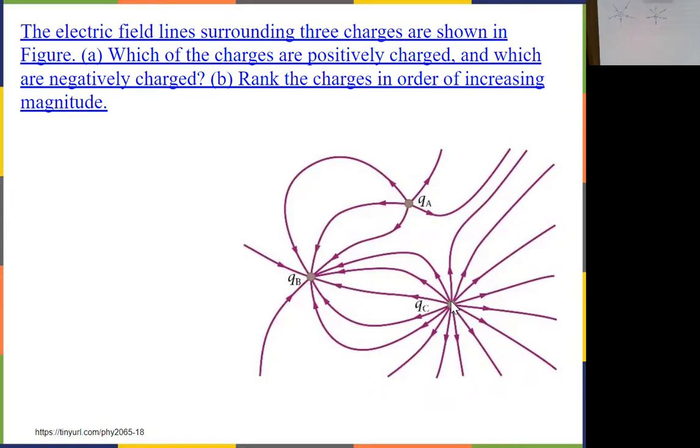So A and C are positive, B is negative. Magnitude-wise, A has fewer electric field lines than B, and B fewer than C, so A is less than B, less than C, in that order.